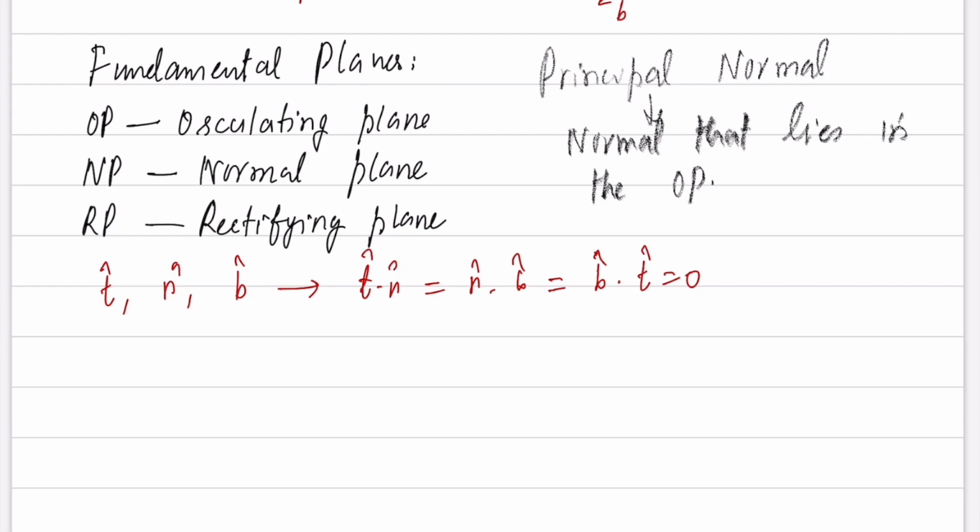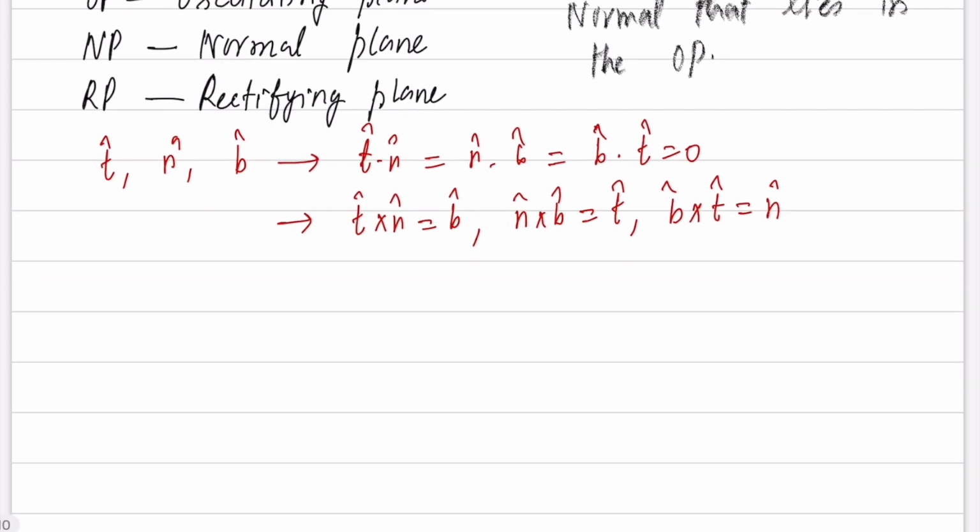Since they are unit vectors, T cross N is perpendicular to both T and N, and by definition that vector is B, the binormal, which is perpendicular to both tangent and normal. Similarly, N cross B is equal to T, and B cross T is equal to N. So they also behave cyclically in this way.